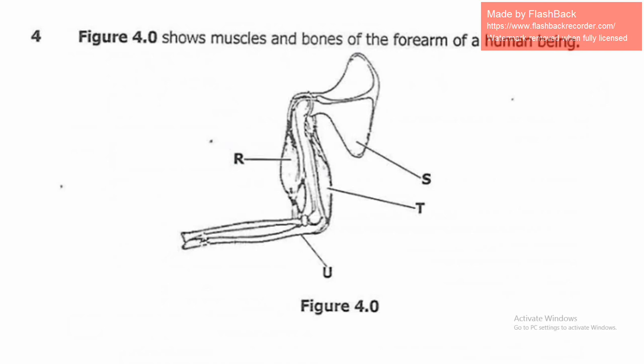Take note, the hinge joint can be found at the elbow joint, even at the knee joint. You can stretch your leg, it will just make up to 180. You can bend it 90 degrees. It cannot exceed 180. But for the ball and socket joint, we only find them at the hip joint.